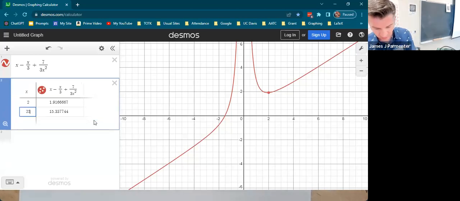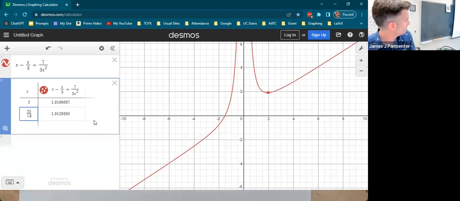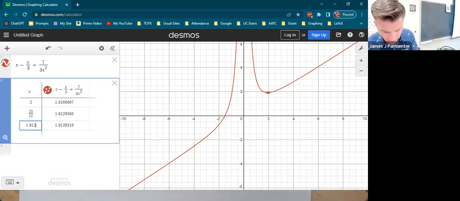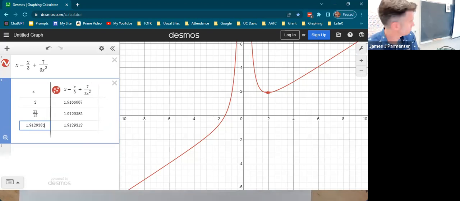And if we plug in 23/12, I wish you could copy that. I'm very annoyed that this is not a copy. We get 1.912938. Okay, looking pretty good. I think we're good to like 4 decimal places, 5 decimal places.